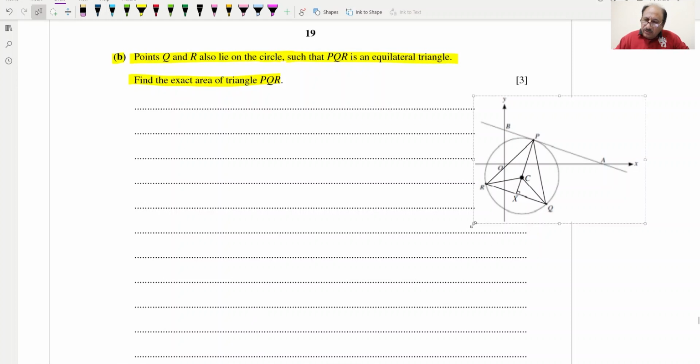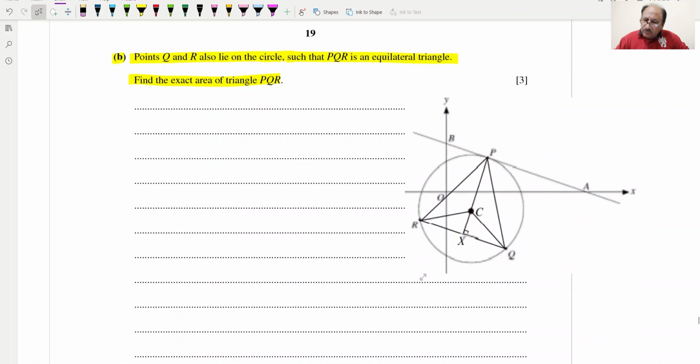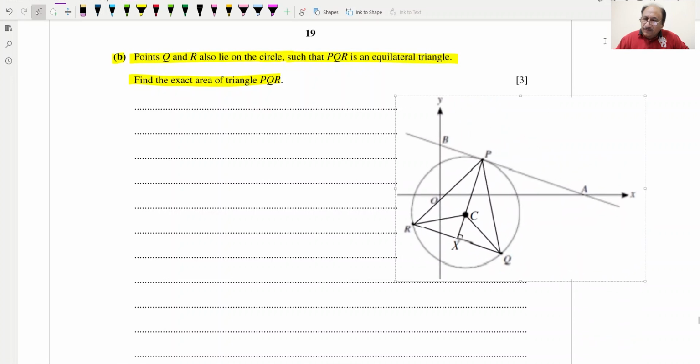If I just enlarge it a little, not too much. Okay, so Q is over here, R is this one, P is already provided, A and B are also already provided.